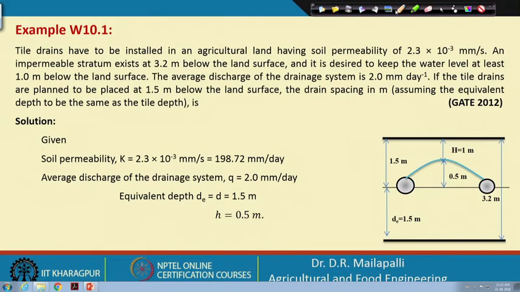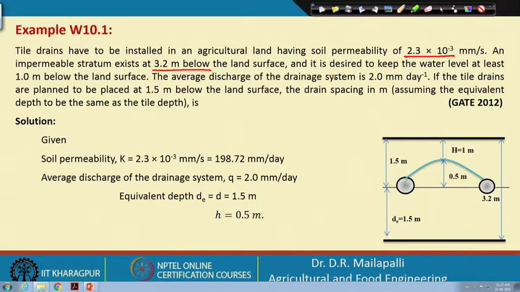So, here in example 1, it is a tile drainage problem. The tile drains have to be installed in an agricultural land having soil permeability of 2.3 × 10^-3 mm per second. So, that is your hydraulic conductivity, and an impermeable stratum exists 3.2 m below the land surface.